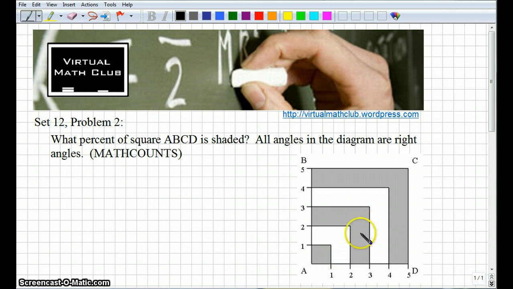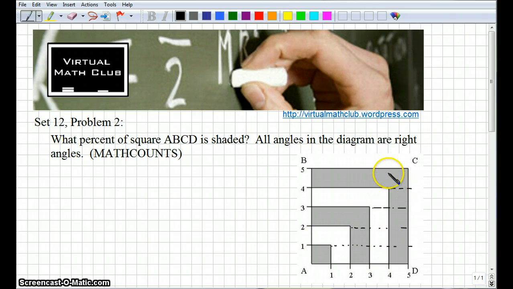Well, on this one, my hint to you would be to impose a grid on this. And you can kind of see it's already, if you were to extend these lines across, let me see if I can make sort of straight dashed lines here. If you were to extend these lines, it would almost be like it was drawn on graph paper. Okay, so I'll just extend those across.